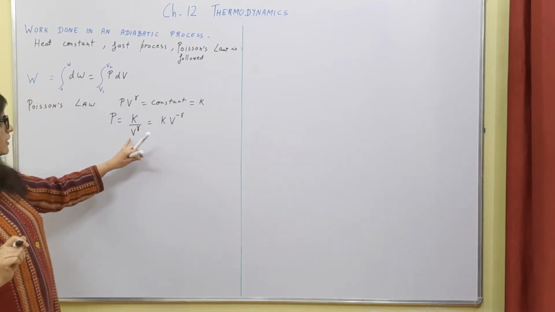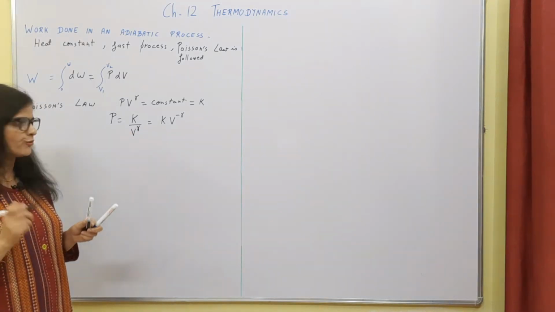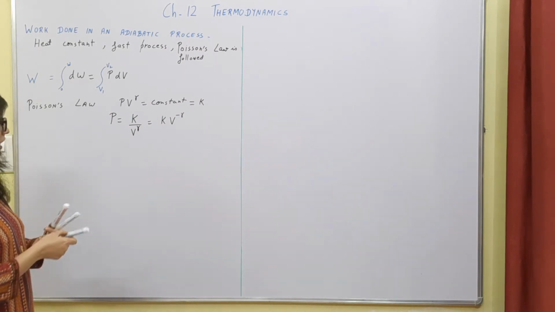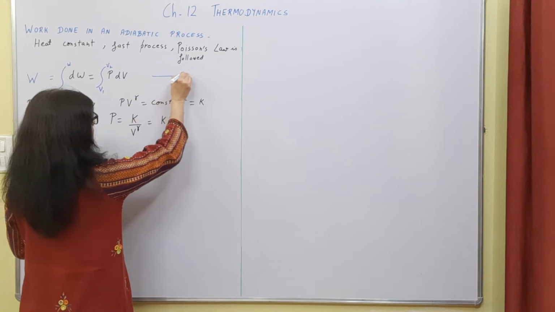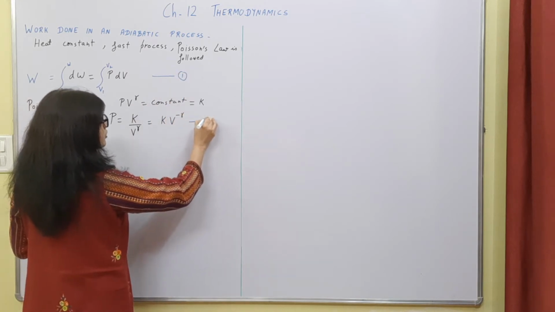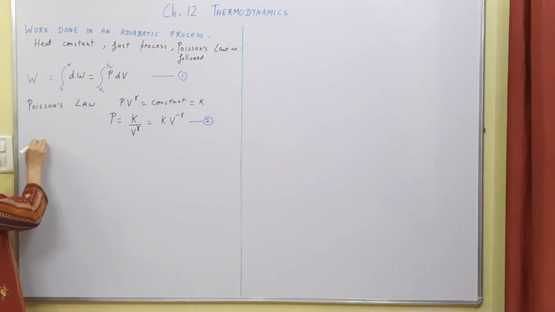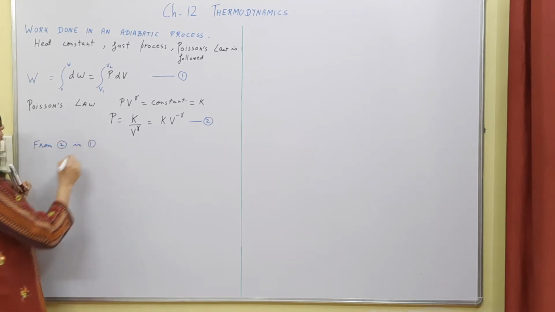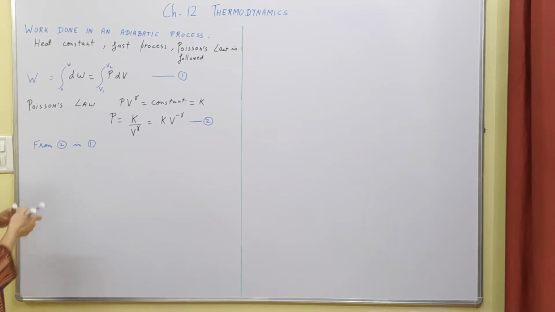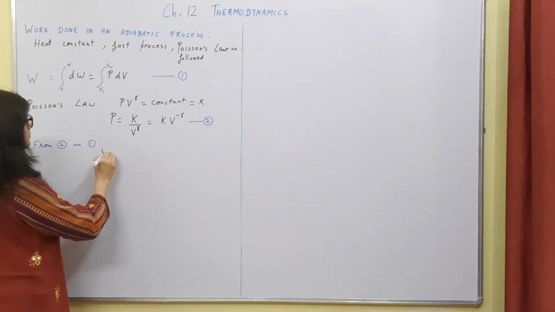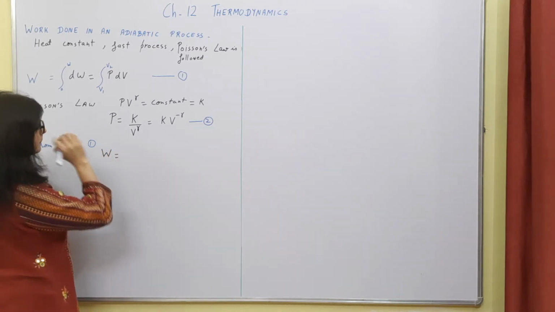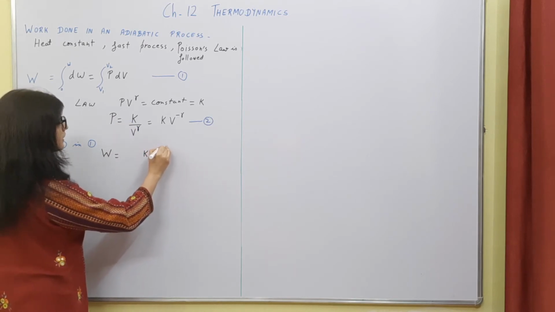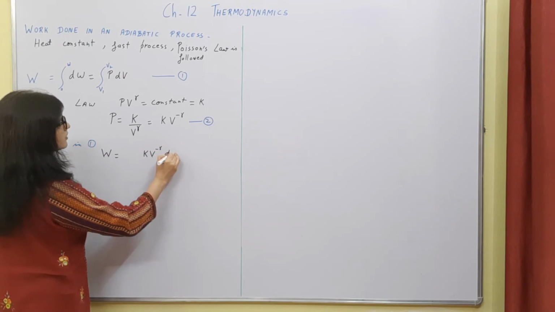Remember the difference between V and gamma. Students are often confused in this. So this is K V to the power minus gamma. Let's mark this as equation 1 and this as equation 2. So putting 2 in 1, we get W is equal to the integration from V1 to V2 of K V to the power minus gamma dV.